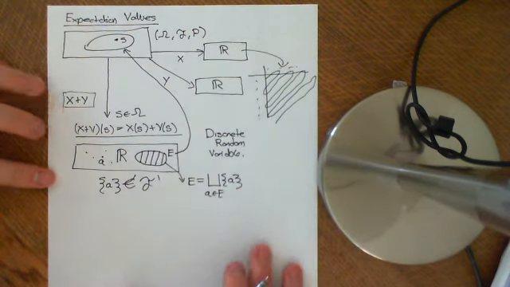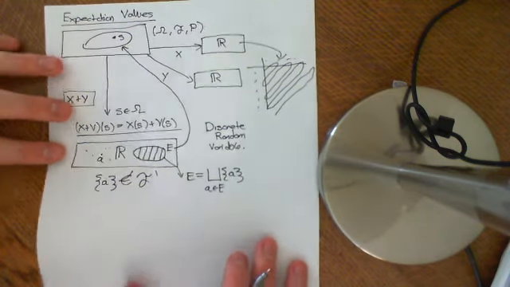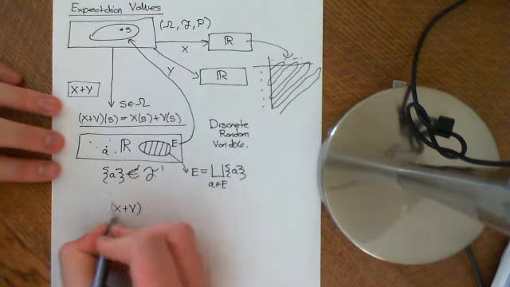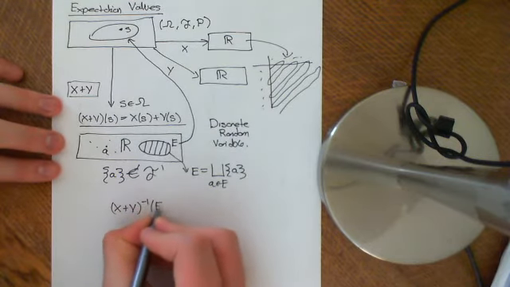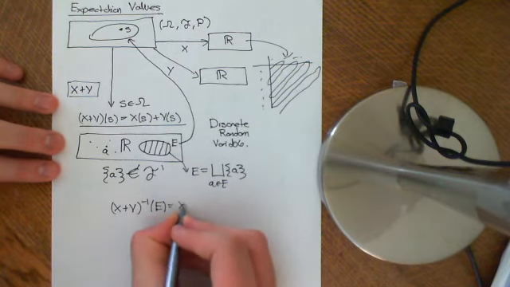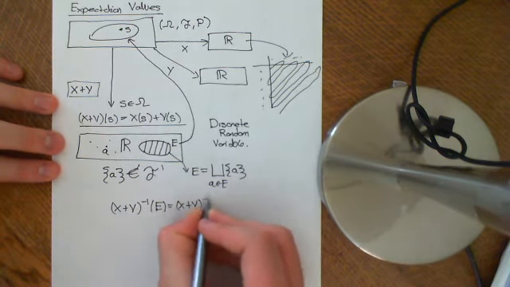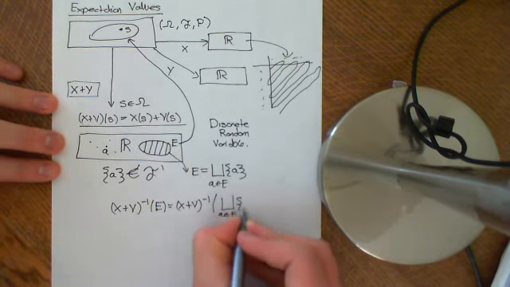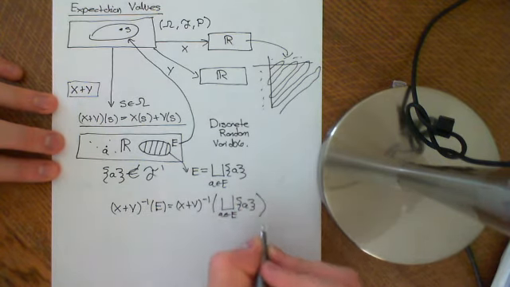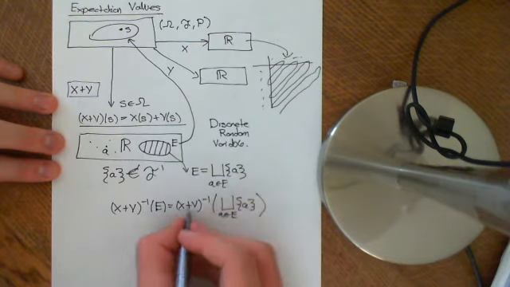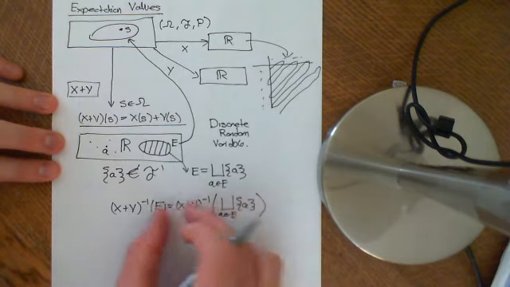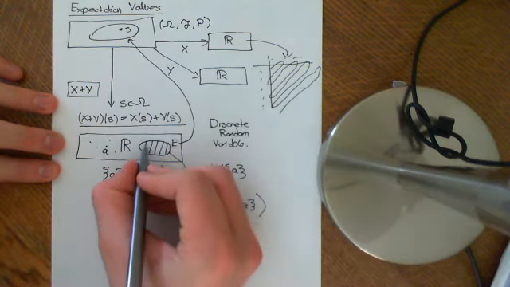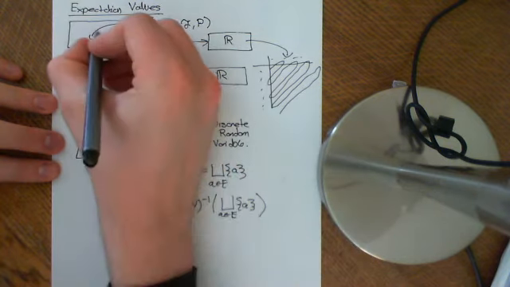Okay, and then by just basic set theory, if we want to take the inverse image of this, (X+Y) inverse of E is going to be equal to (X+Y) inverse of this disjoint union over A an element of E of the singleton sets containing A. And this commutes with the property of taking a union, because if you take the inverse image of this one, you'll get a little bit over here.